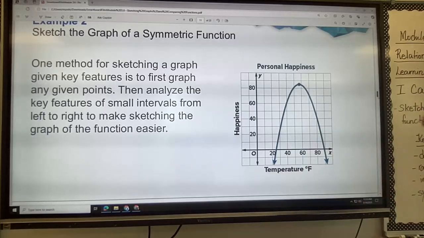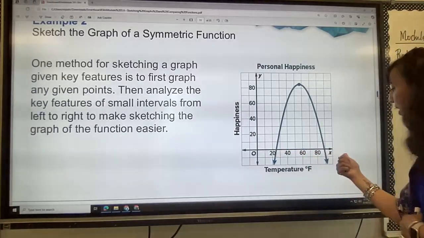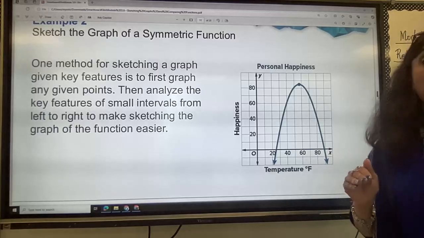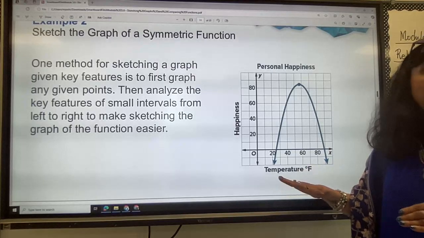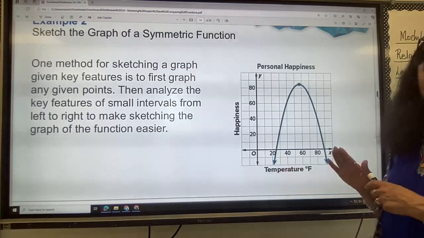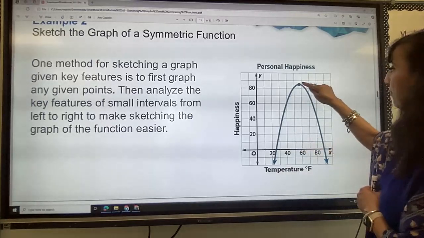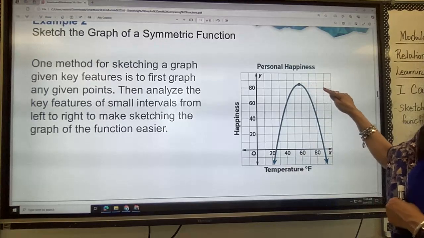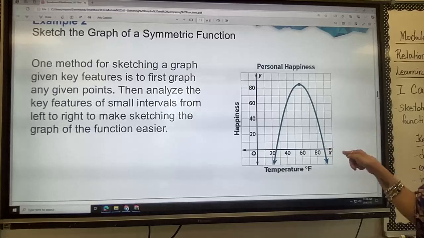Okay, and then it said for temperatures less than 25 degrees and greater than 89 degrees, it is negative. So yes, it's gone below the x-axis, and it's increasing for temperatures less than about 57. So this is increasing. And then it's decreasing for temperatures greater than about 57 degrees.